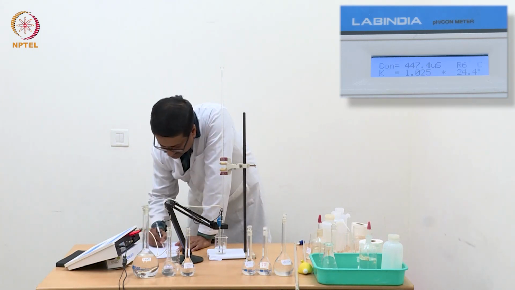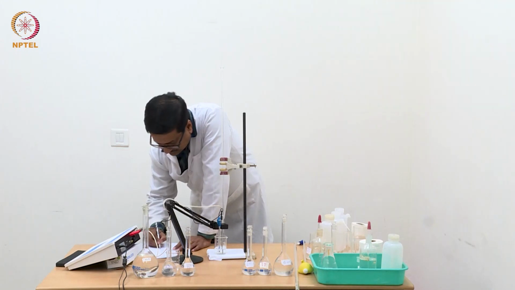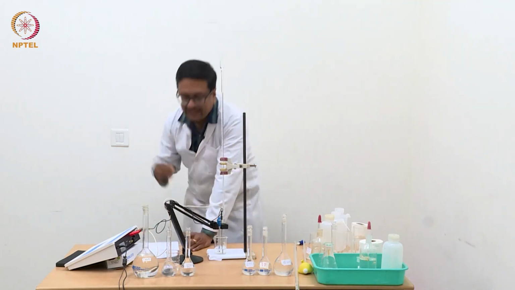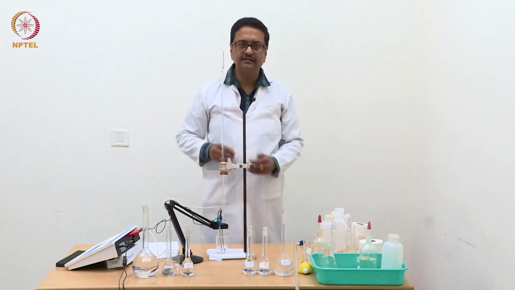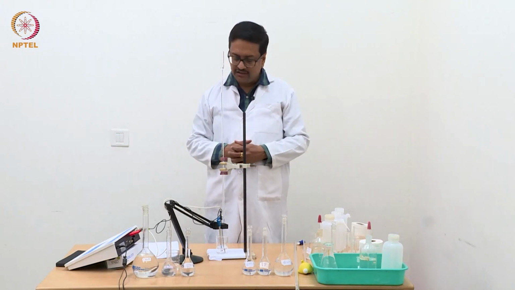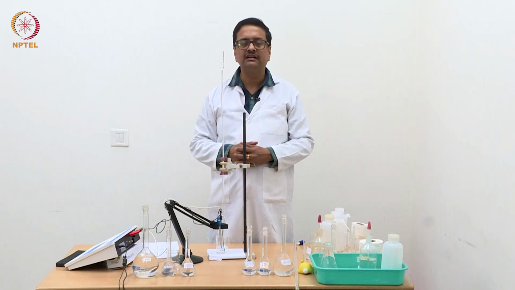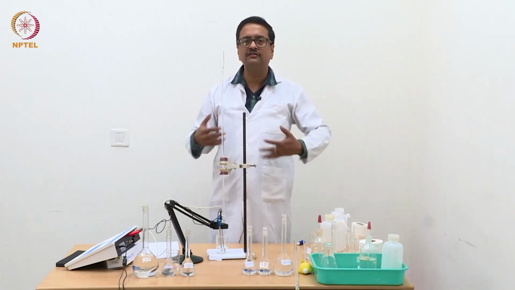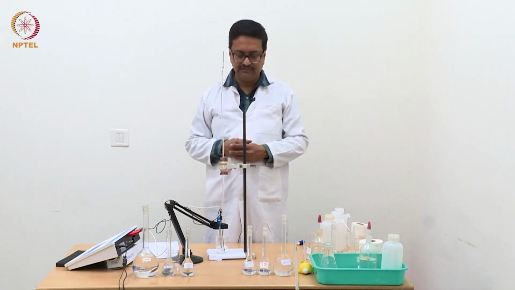So now the reading is 447. This is an indication of slight increase, and with more, I think it may start to show an increasing trend, because if the ammonium chloride that was present in the solution is almost consumed or is completely consumed, it will start to increase.